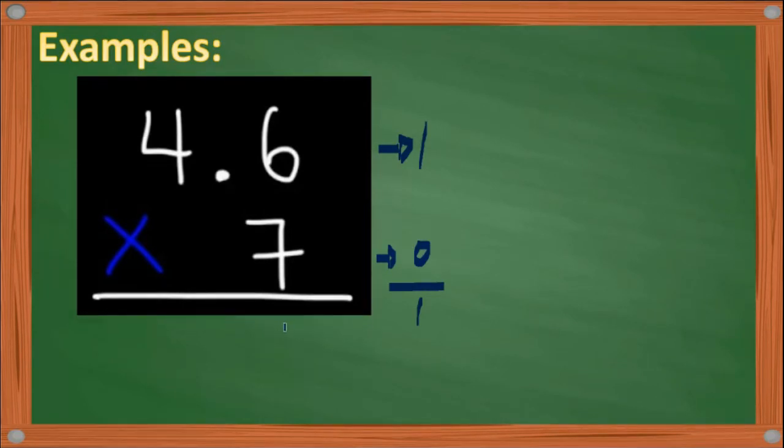Lagay natin dito si 2 and then carry 4. 7 times 4 is 28. 28 plus 4 is 32. Look at the board. Inadd natin yung decimal places, ang lumabas, isa. So, pag whole number, ang decimal point niya nasa dulo, we need to move here. So, nandito na ang decimal point.